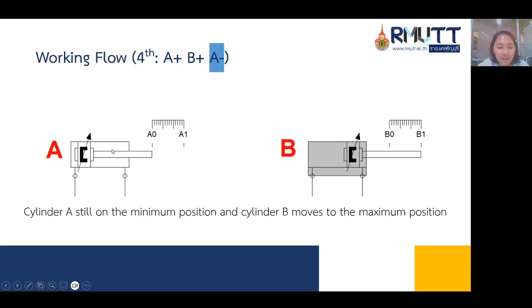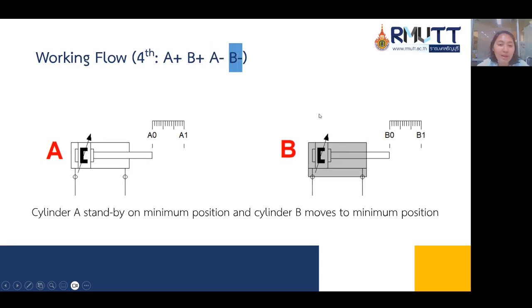After cylinder A is going backward to the minimum position, then cylinder B goes forward, moves to the maximum position and reaches limit switch B1. And then after that, I'm sorry, this is not correct.